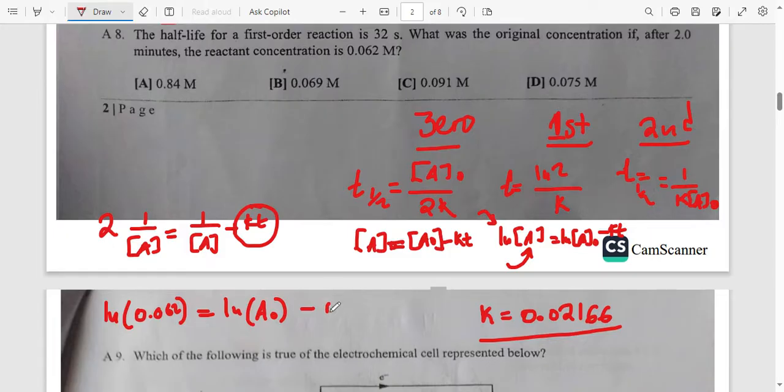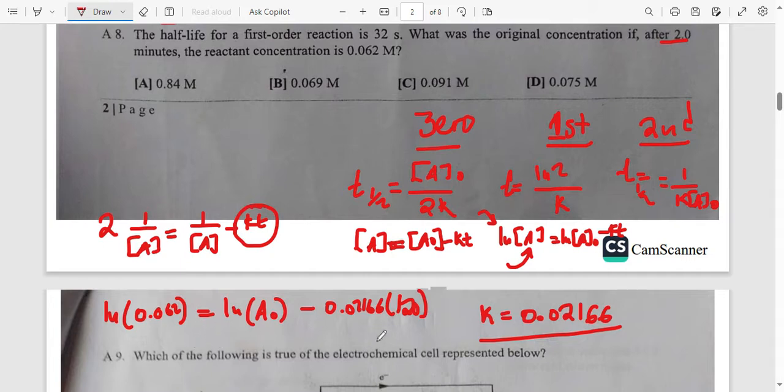K, the rate constant, is 0.02166. The time was after 2 minutes. Now we want to use time in standard units, so we're going to use seconds. 2 minutes is 120 seconds.